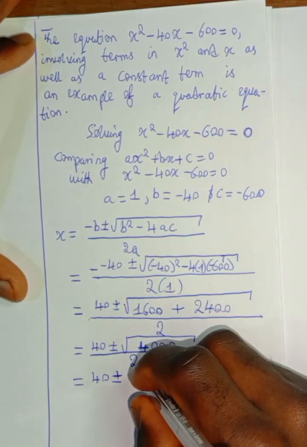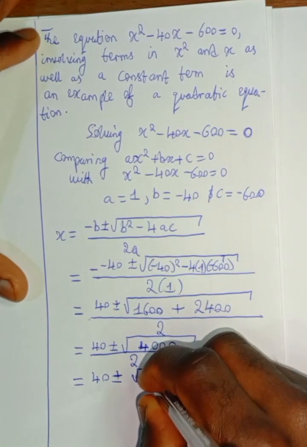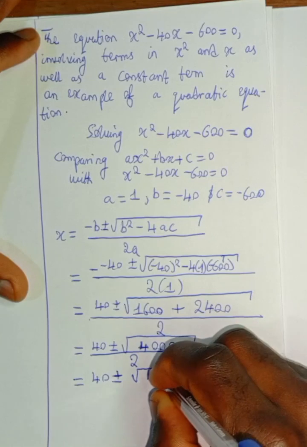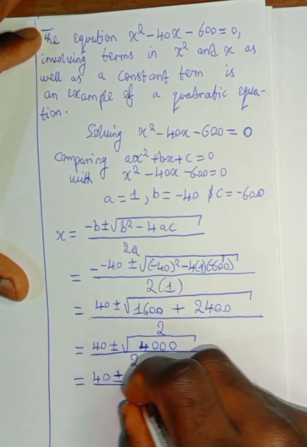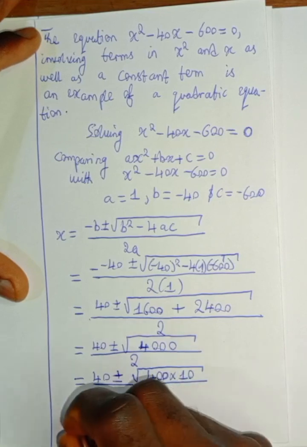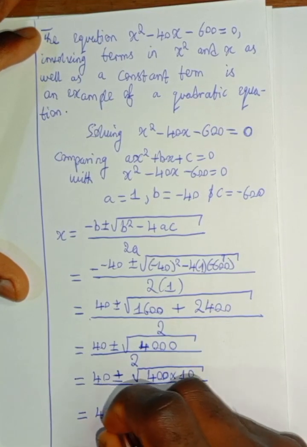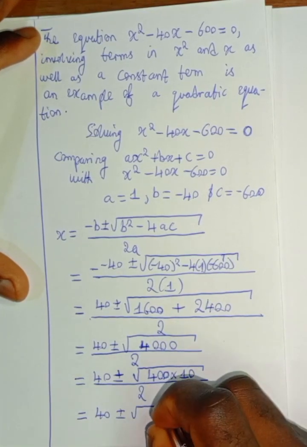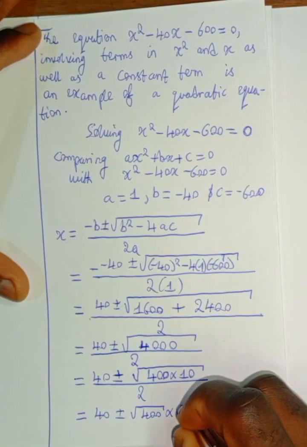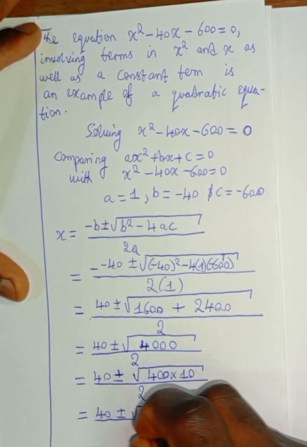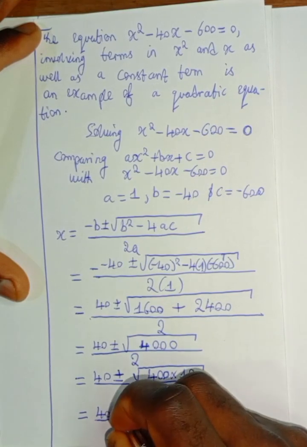We can make use of numbers 400 times 10. We divide by 2. This will be the same as 40 plus or minus the square root of 400 times the square root of 10. We divide by 2.